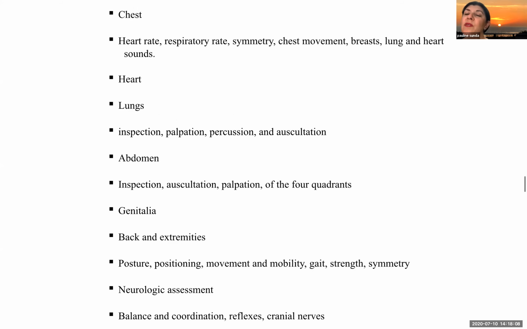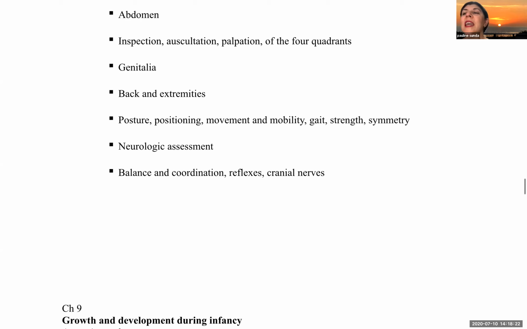The abdomen, it's very important to inspect, then auscultate, followed by palpation and percussion. We will look at the genitalia, back extremities, the posture positioning, movement mobility, gait, strength, and symmetry. A neurological assessment will assess balance, coordination, reflexes, and cranial nerves.